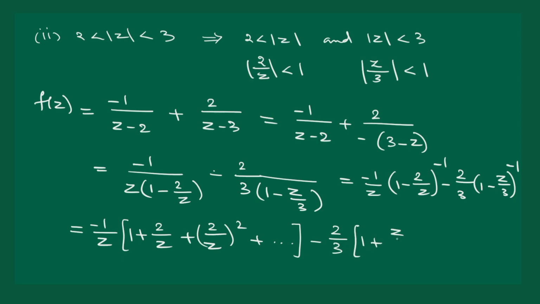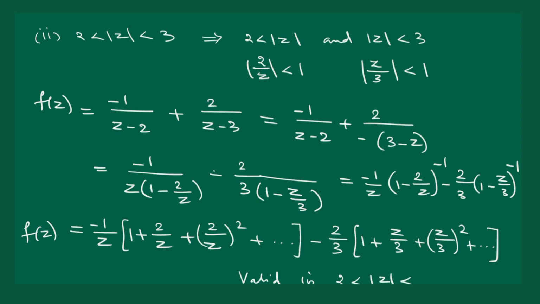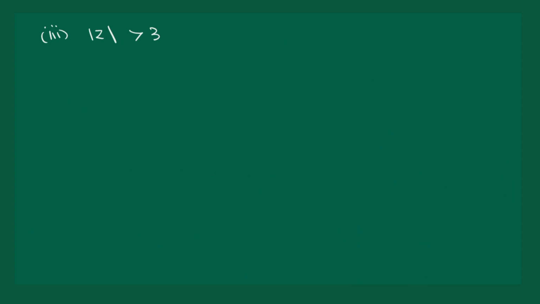So 1 plus z by 3 plus z by 3 whole square, etc. So this is the expansion of f of z which is valid in 2 less than modulus of z less than 3, right? The function f of z is the same thing after partial fractions. We use the same term, but according to the region we have to modify the term before using binomial expansion.